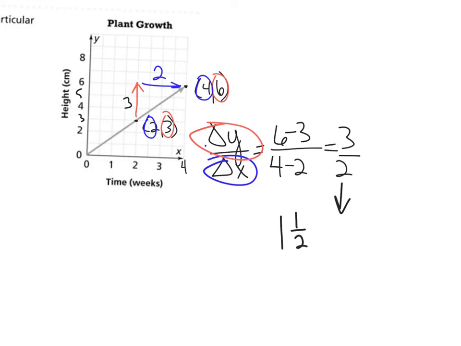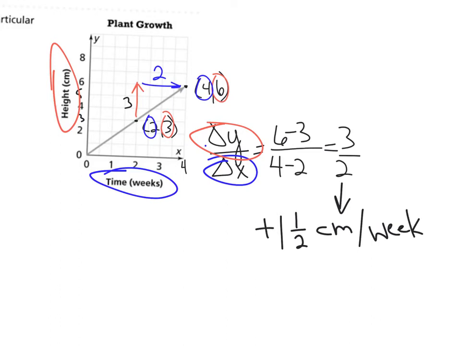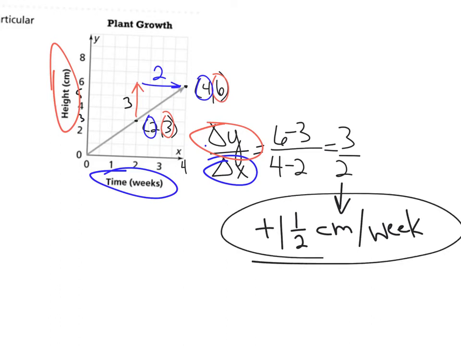So if we look, our y's deal with the height in centimeters, the x deals with the time in weeks. So we basically divided centimeters by weeks, means we're going to get centimeters per week. Okay, and this is positive, so we could actually put a plus sign in front of here. Normally we don't necessarily do that, but that helps us to see this plant is actually, the height is increasing by 1.5 centimeters per week, which is a good thing.